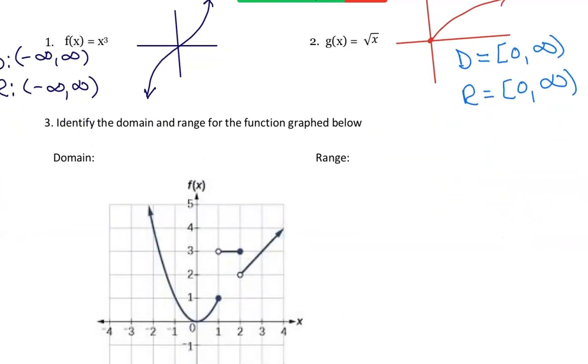Okay, so now here's a piecewise function. All you have to do is identify the domain. So I'm going to do my little flashlight. And so what I want to do is figure out, if I'm doing domain, this is the furthest left I can do from my x. So I know that I'm going to start at negative infinity. So now once I hop on, I can move to the right on the x.